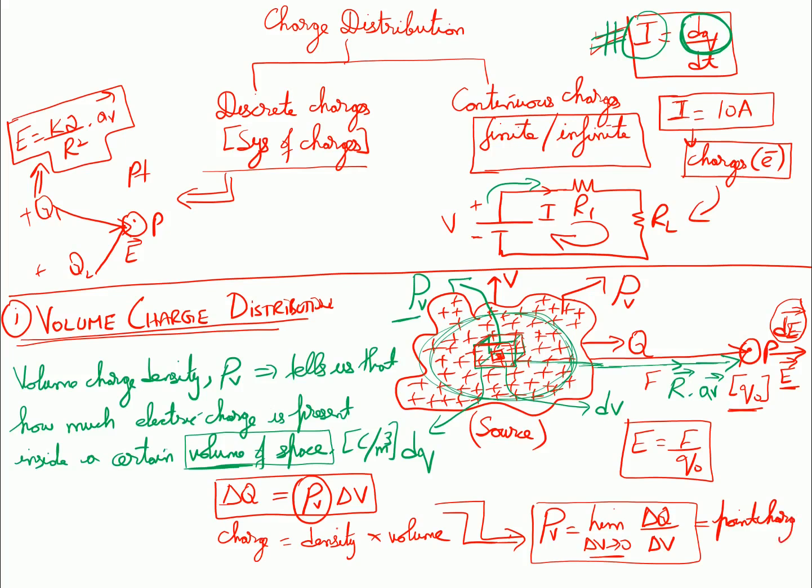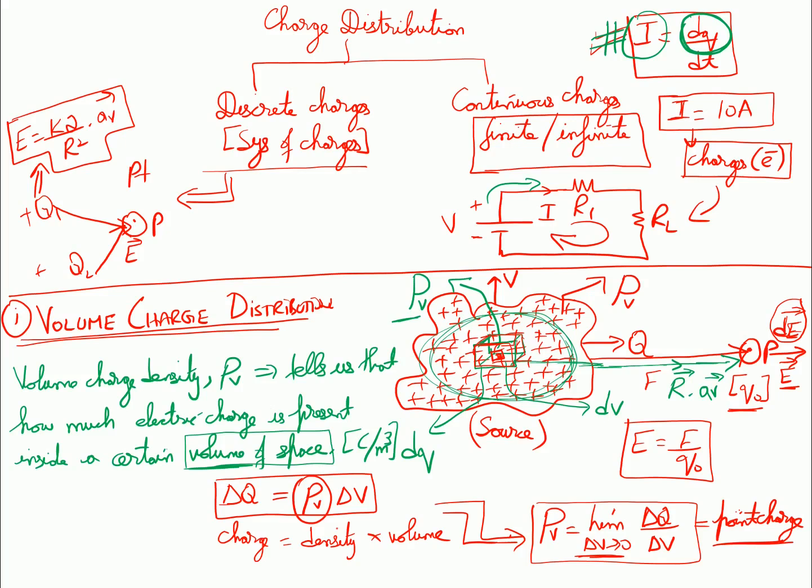Again remember, we don't want to go to the exact value of 0 for delta V, rather we bring it to the smallest value such that when the cube shrinks down, we are only left with one point charge, and this expression is telling us that as delta V reaches the smallest value, we reach the volume charge density. So this is a tiny region inside this delta V, which is the point charge.